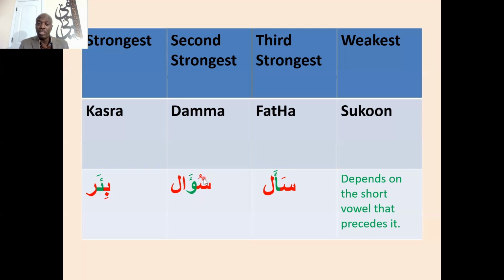So to recap, the fatha gives you the alif as a seat for the hamza, the dhamma gives you the waw as a seat, and the kasra gives you the ya as a seat for the hamza. And we need to remember these in order: strongest, kasra, dhamma, fatha, sukun.